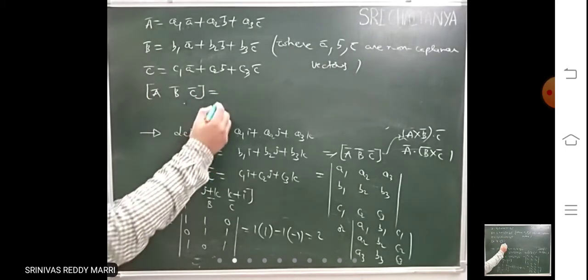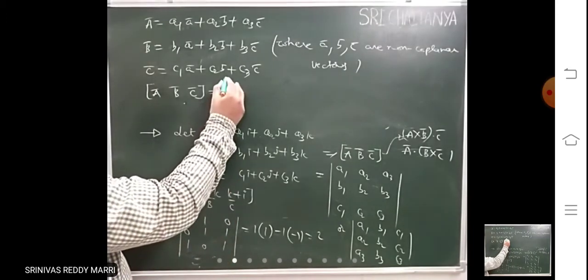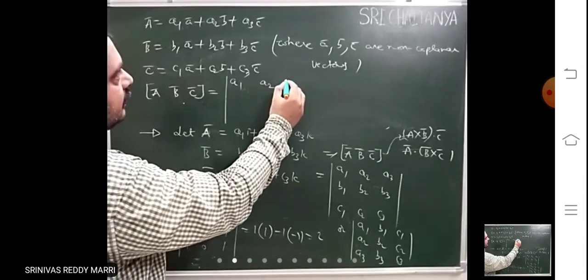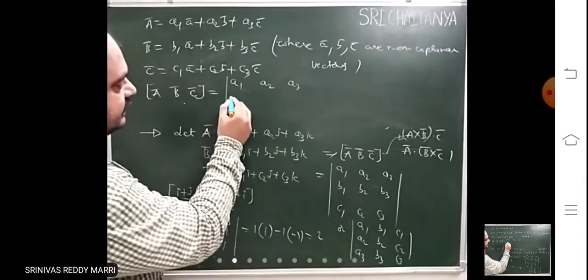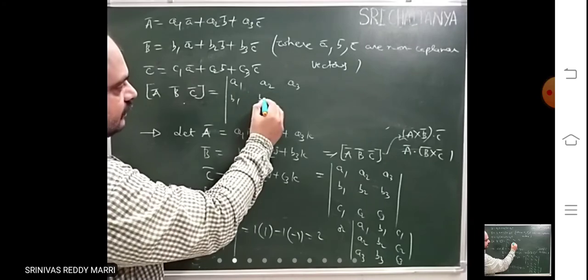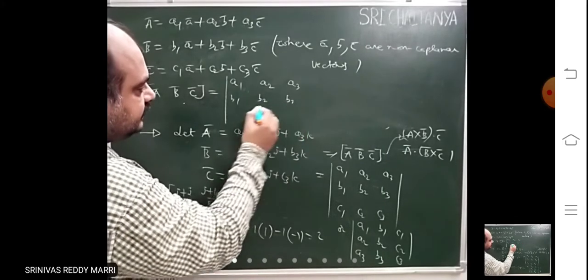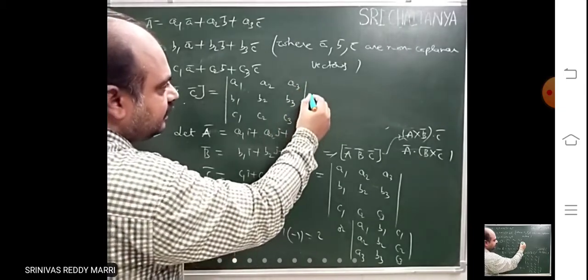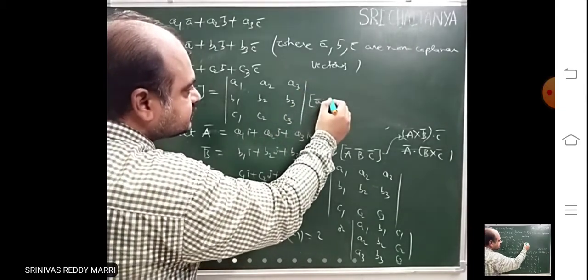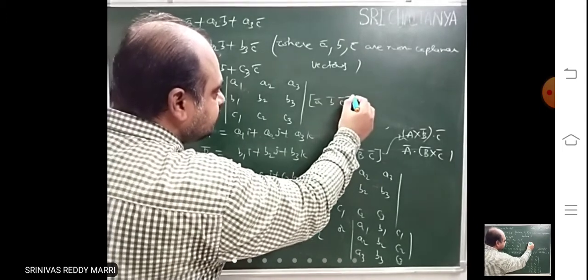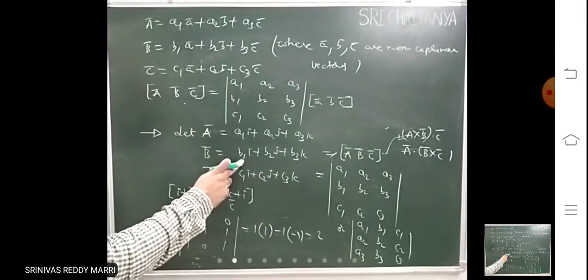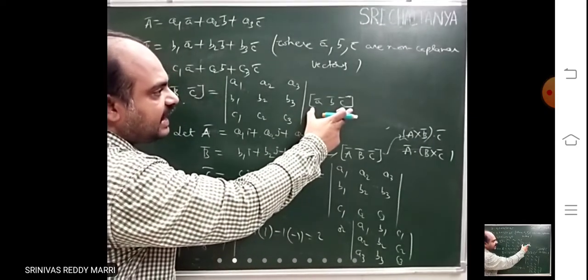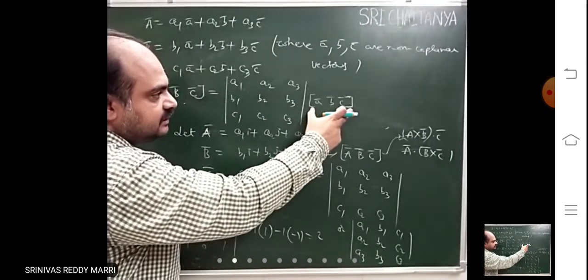Then the box of A bar, B bar, C bar is the same determinant you write: A1, A2, A3, B1, B2, B3, and so on. But you multiply it by the scalar triple product of the vectors in which they are expressed.